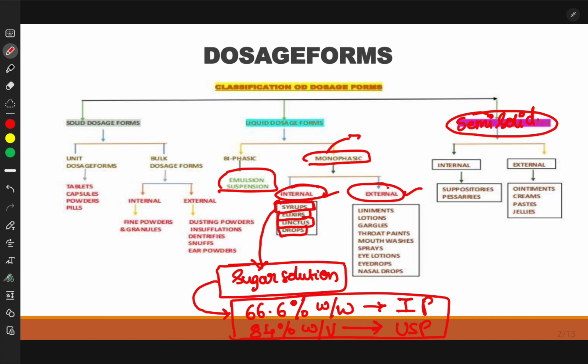Elixirs and syrups have standard values. You can get a direct bit from the syrup concentration. You should remember whether it is weight by weight or weight by volume, because this is a highly mistaken area.